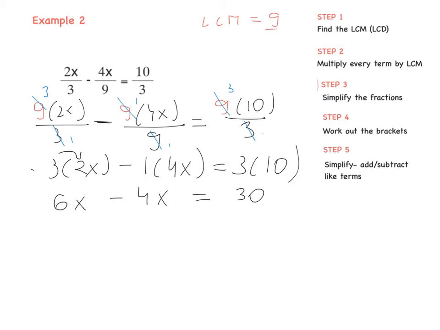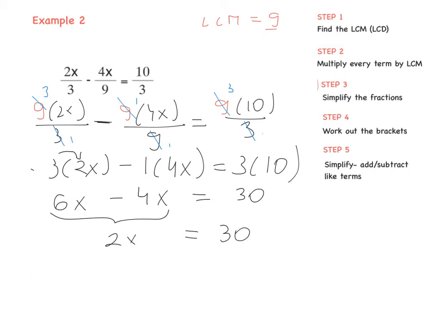The last step is simplifying, adding or subtracting like terms. So 6x minus 4x is 2x equals 30. Now we do not want to know what two x's are; we just need to find out one x.